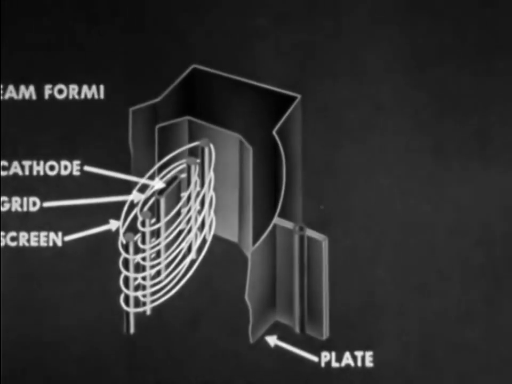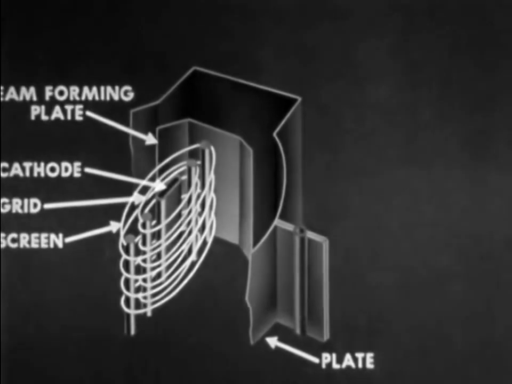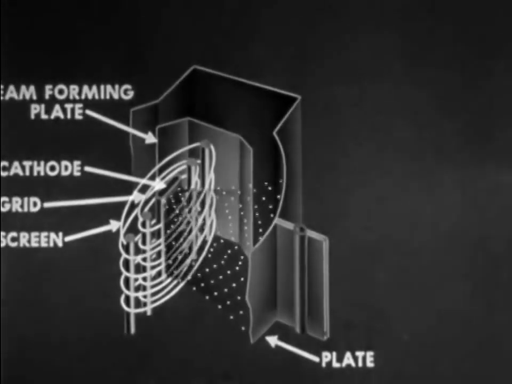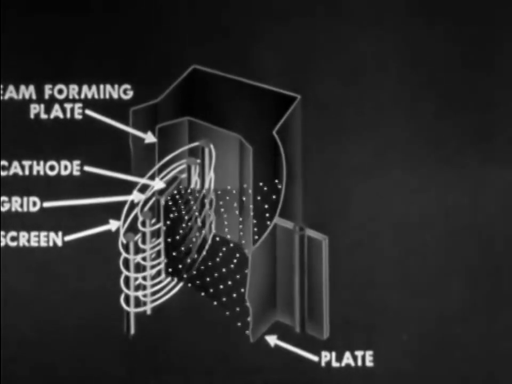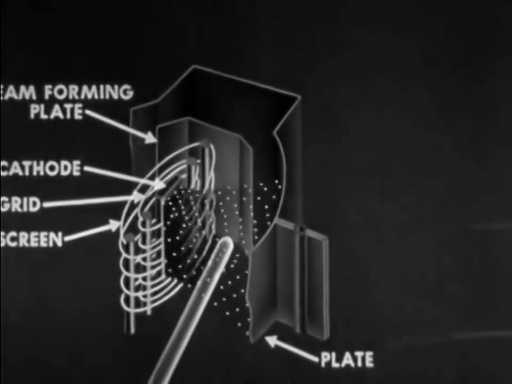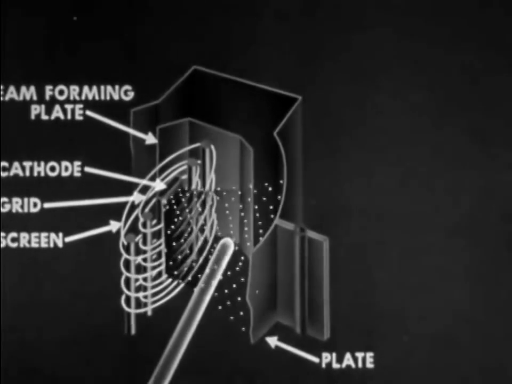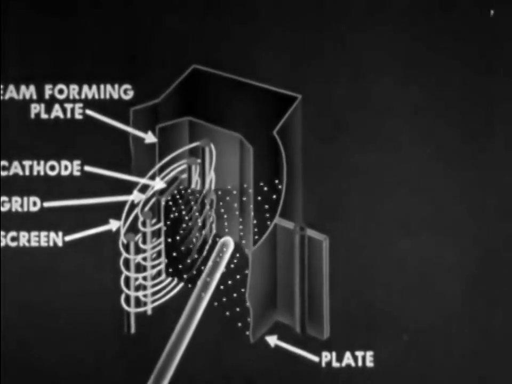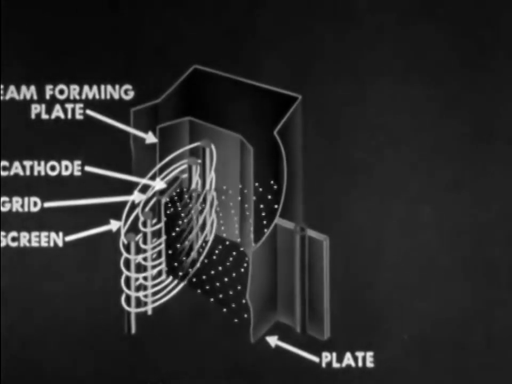The beam-forming plates are so placed as to direct the cathode-to-plate stream of electrons in a beam. Here, the stream of electrons carry the secondary electrons, which are knocked off, back to the plate, thereby eliminating the necessity for a suppressor grid.